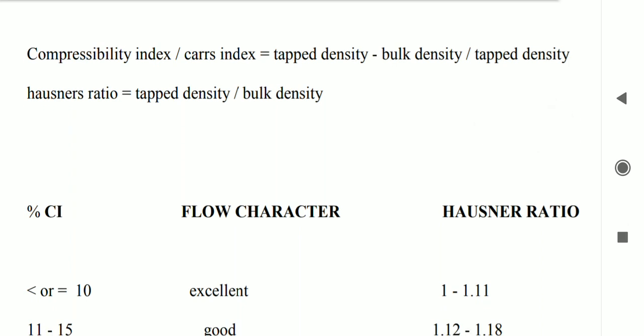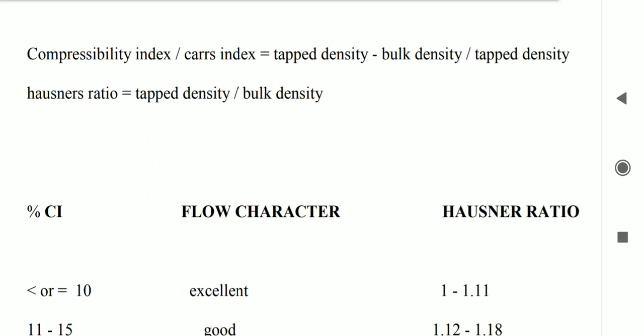When void space is more, the material is sticky in nature. This is the reason behind the flow property. The more void space or free space inside the material, the more stickiness and the less flow property.